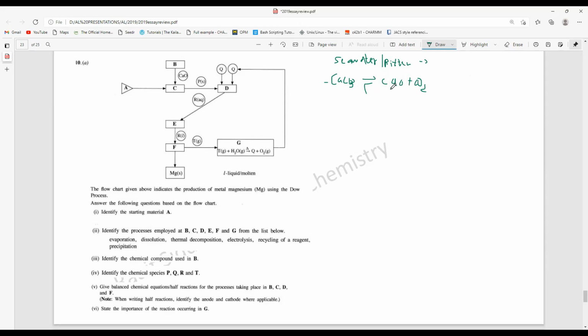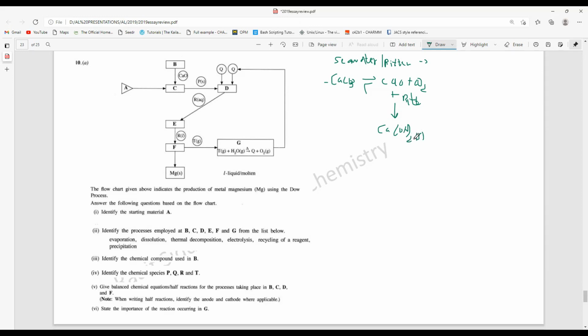Then this is the first step, so you have the calcium oxide. Then you react this calcium oxide with the bittern solution or seawater. In that process you are going to get the calcium hydroxide precipitate.